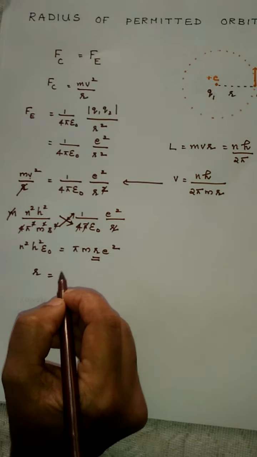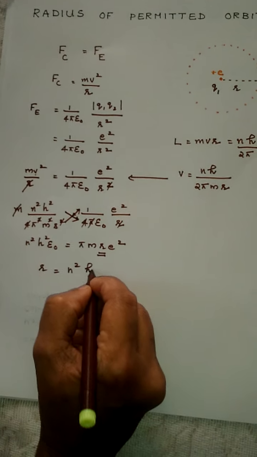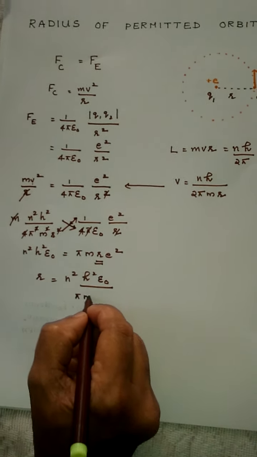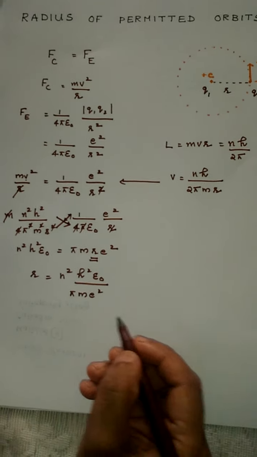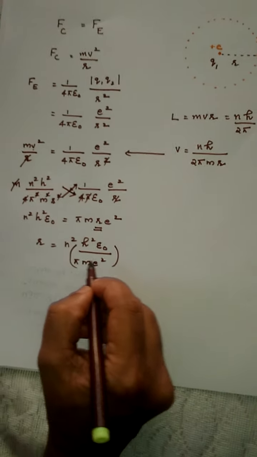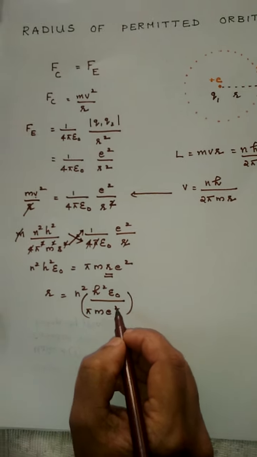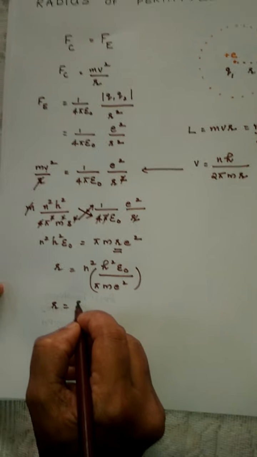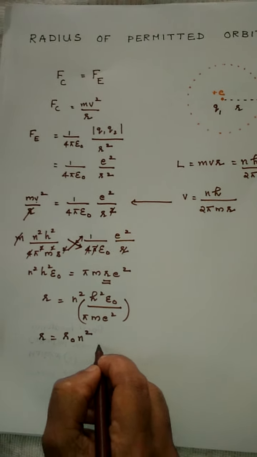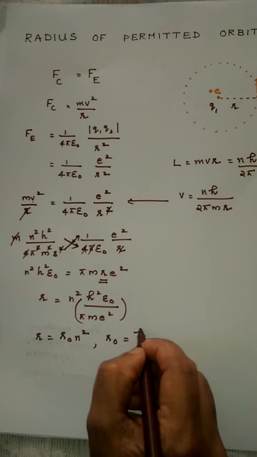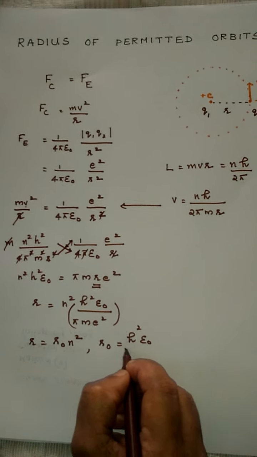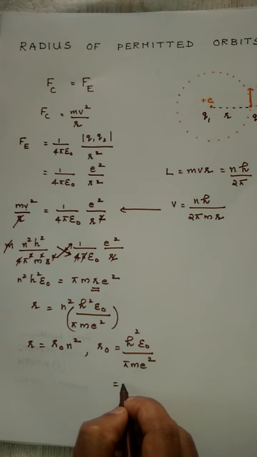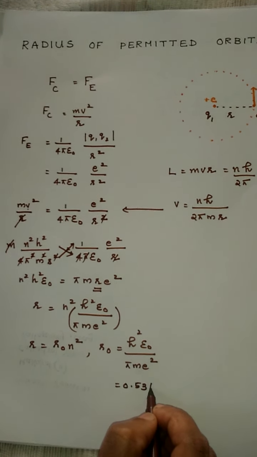So radius is equal to n square h square epsilon 0 by pi m e square. This term is a constant. So let us denote the constant by R0. So r is equal to R0 n square, where R0 is h square epsilon 0 by pi m e square, and its value is 0.53 angstrom.